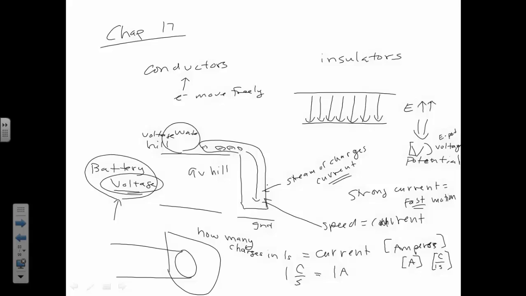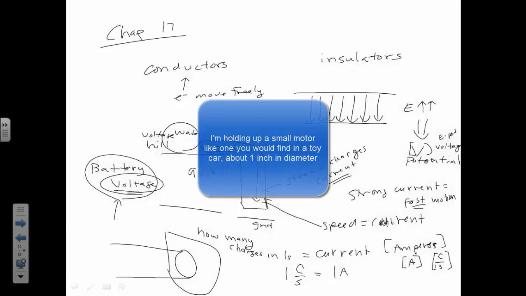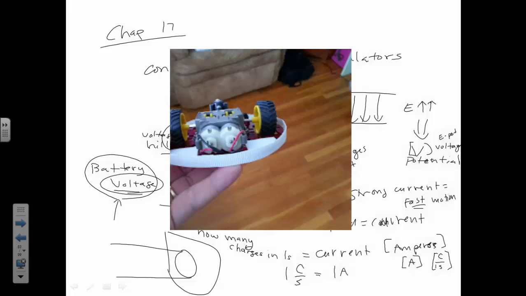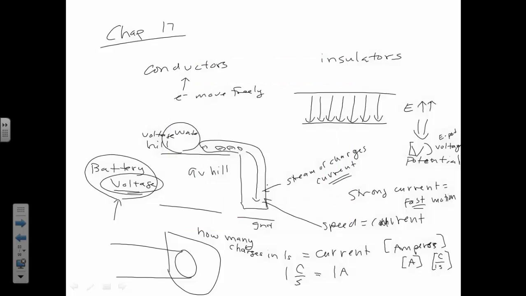Well, let me give you an idea of what an amp would do. I have these little motors that we run here. If I were to run these with 9 or 12 volts, they'd be pulling about half an amp to an amp, all right? If I were to stall these so that they had a hard time moving, the current jumps way up, as it's going to draw more to try to overcome the torque restraint that I'm putting on it.